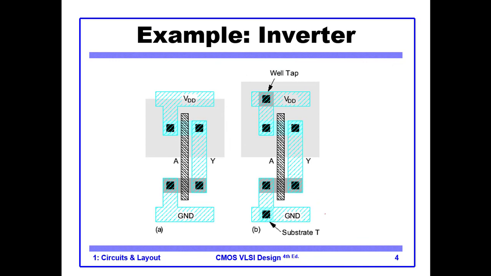This is the layout of an inverter. Let us go into some details of how this is an inverter. As you remember, an inverter has a PMOS and an NMOS, both of them connected in this kind of fashion.